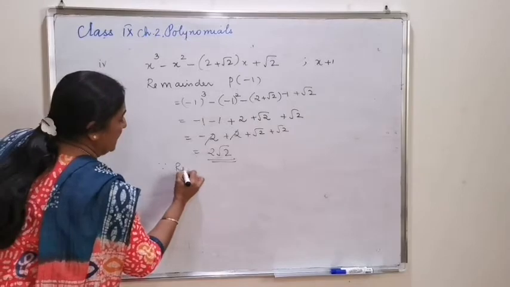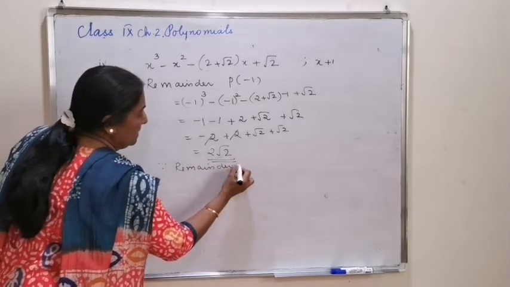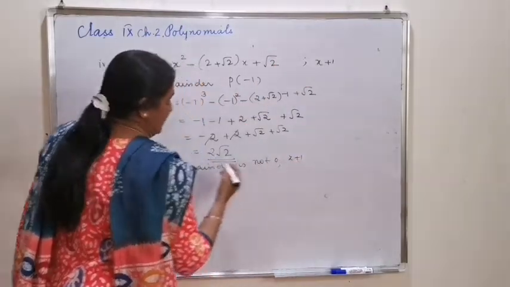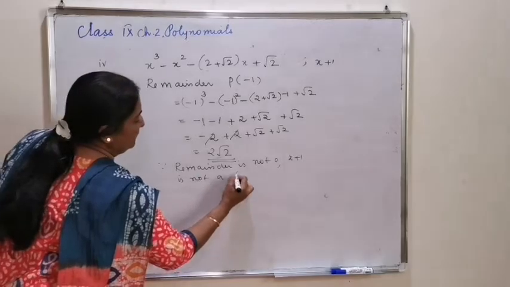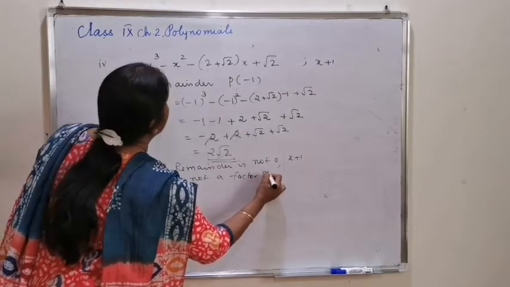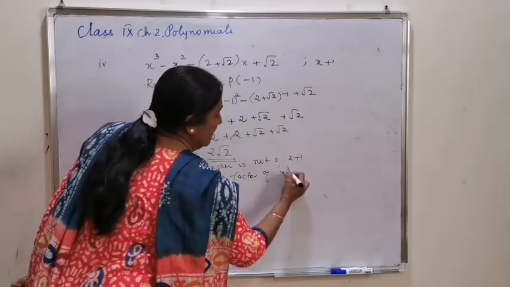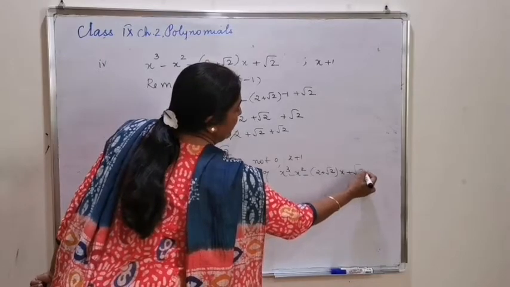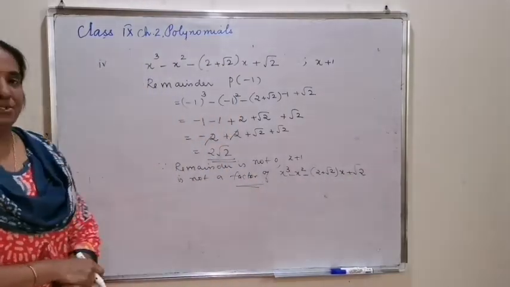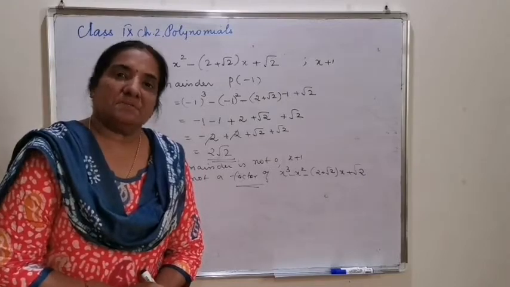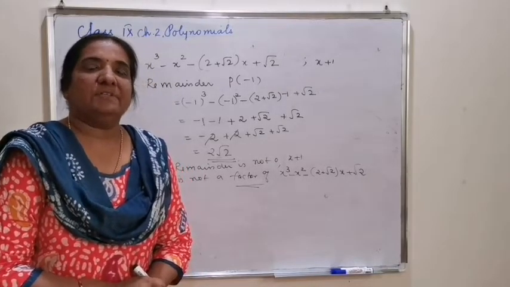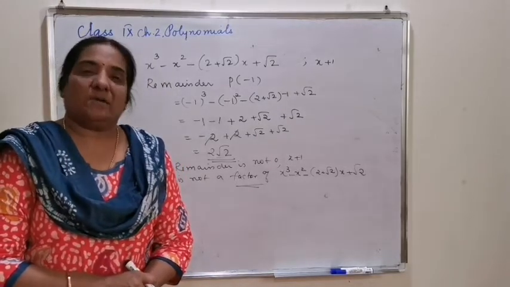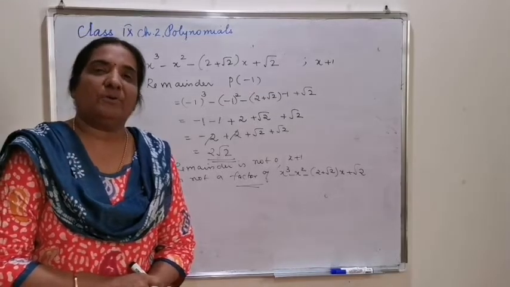Since remainder is not 0, x plus 1 is not a factor of x cube minus x square minus 2 plus root 2 of x plus square root 2. Question number 2, same pattern of question with the dividend polynomial and separately with the divisor polynomial. Question number 2 can be tried on your own.